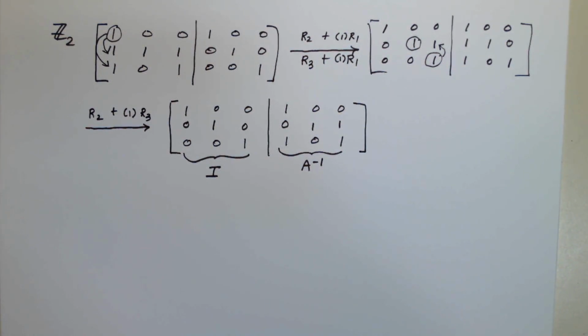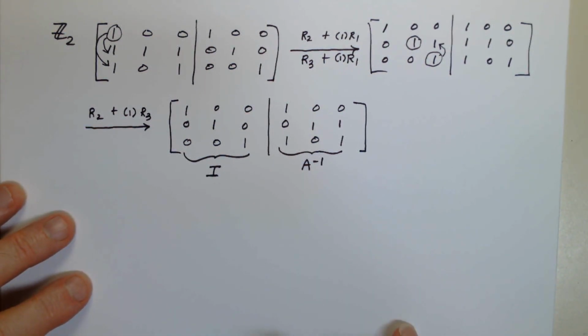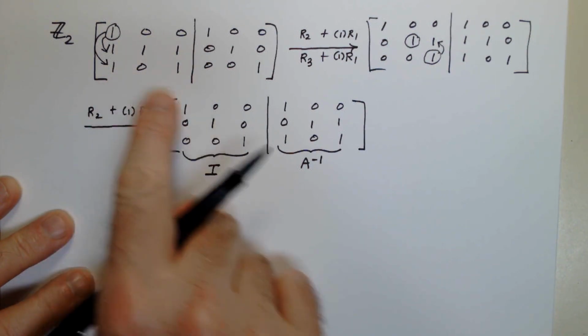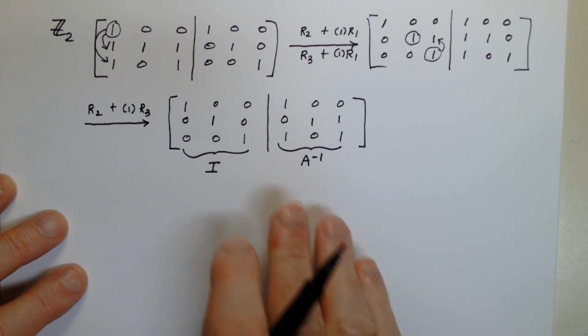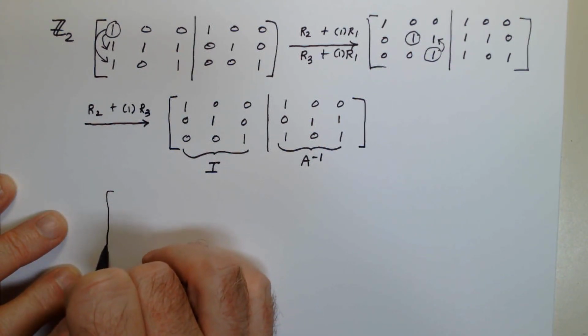Now, it might be helpful to see if this actually works. So bear with me here. Let's take the matrix A and let's multiply, let's say on the right, by this inverse matrix. Let's see if this works. We'll test this.